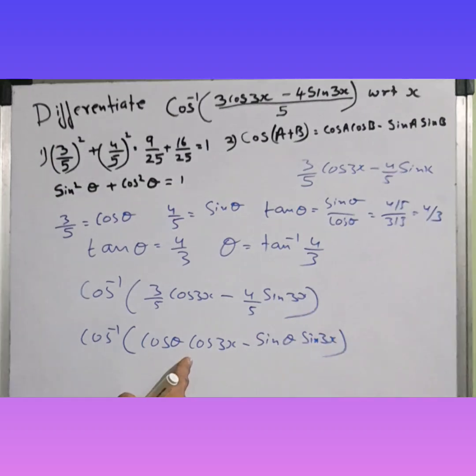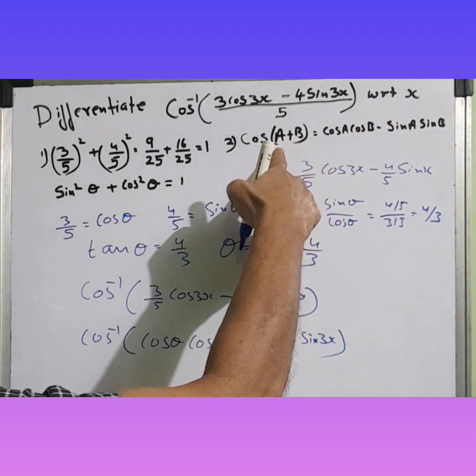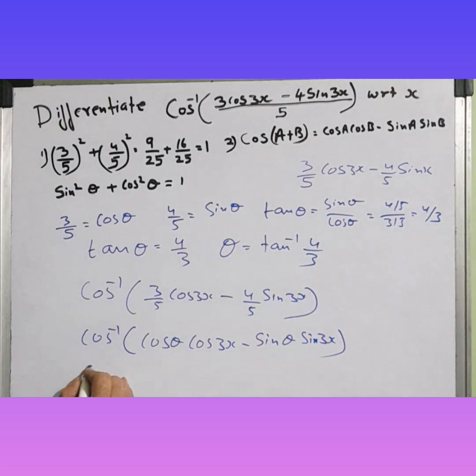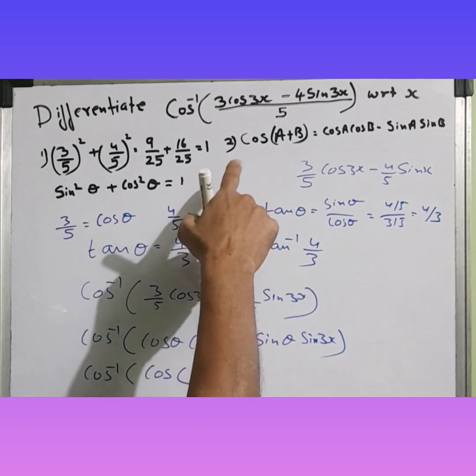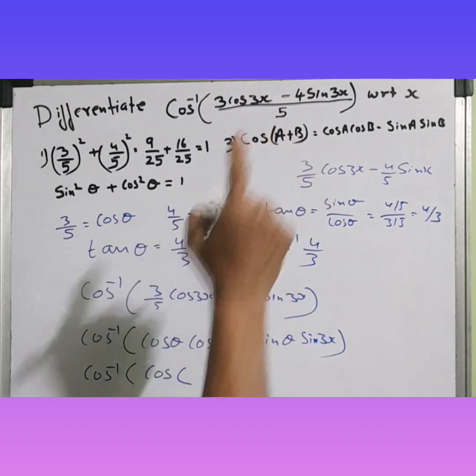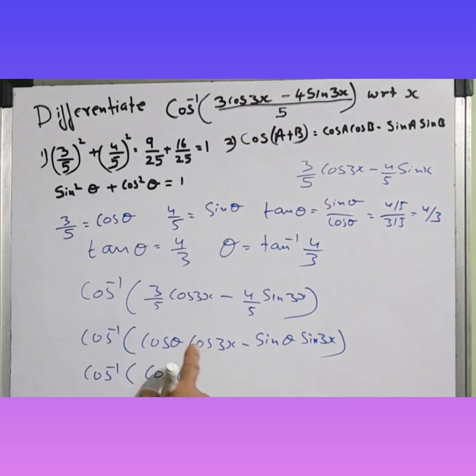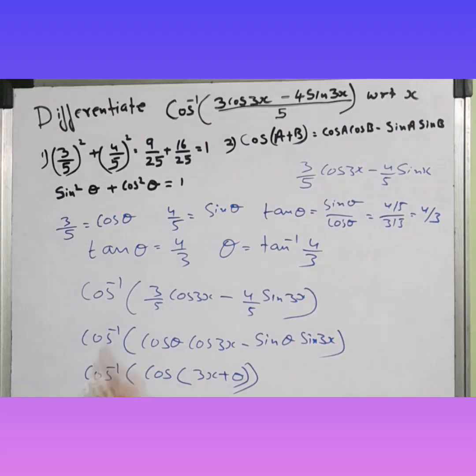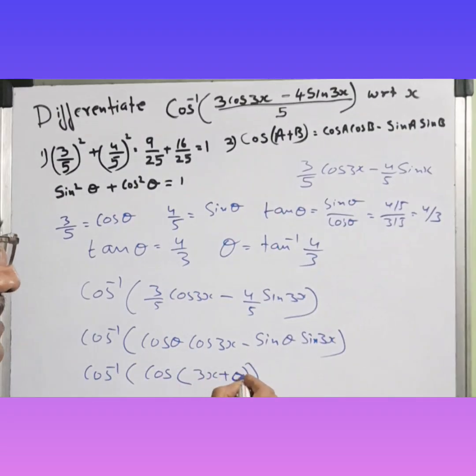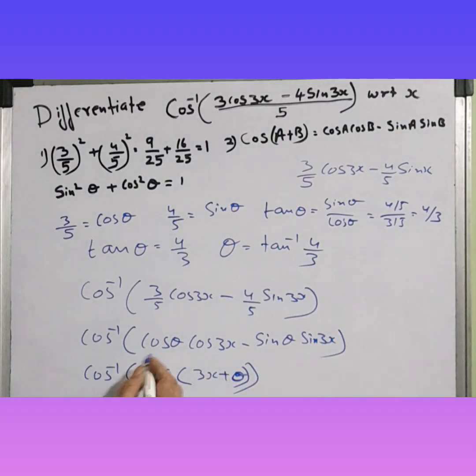Now this obviously is the formula for cos of a plus b, so we can write it as cos inverse of cos of 3x plus theta.